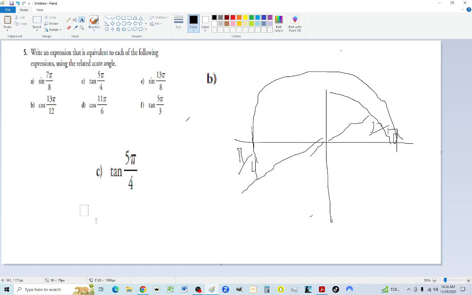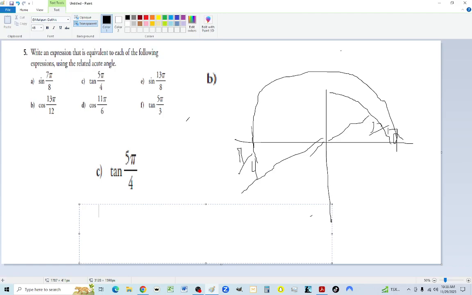And that's one of the few angles where it's going to be the same as cotangent, because when you take pi over 2 and subtract pi over 4, you get 2 pi over 4, and it ends up being pi over 4. So 45 degrees is the only one that shares itself with the same angle, because 45 plus 45 is 90.